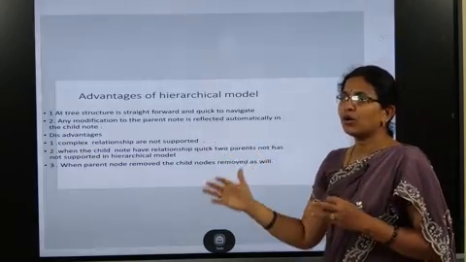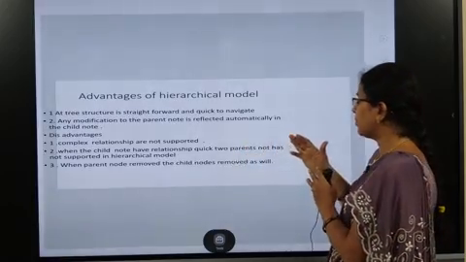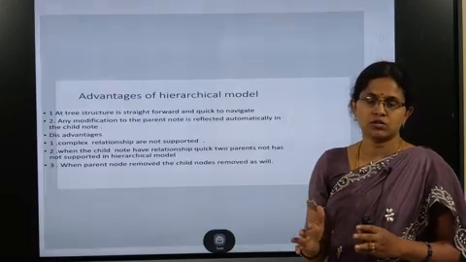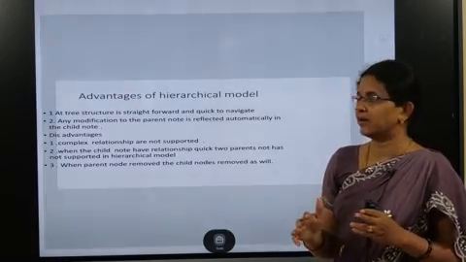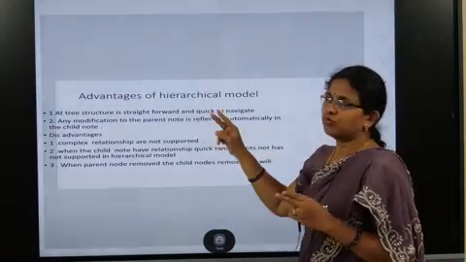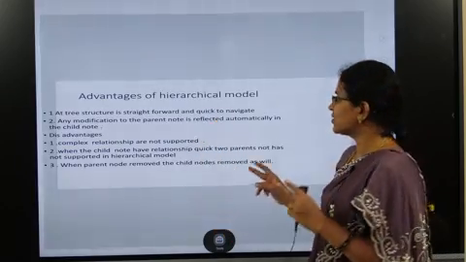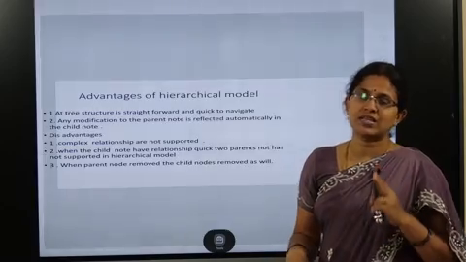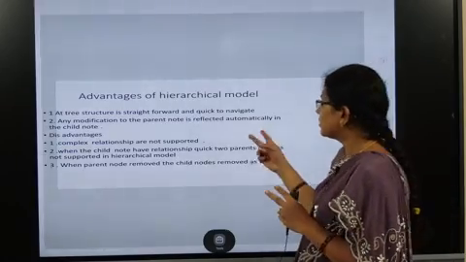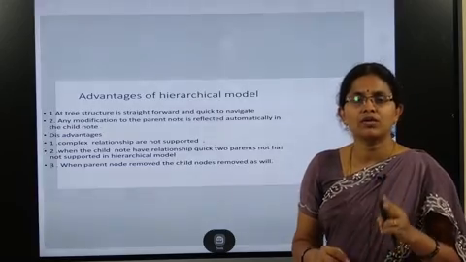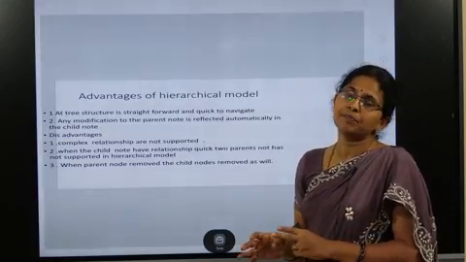And if you make any modifications to the parent node, they are automatically reflected in the child node also. So that is another advantage. These are the two main advantages: first, the tree structure is very straightforward and easy to navigate, and second, any modifications you make to the parent node automatically apply to the child node also.